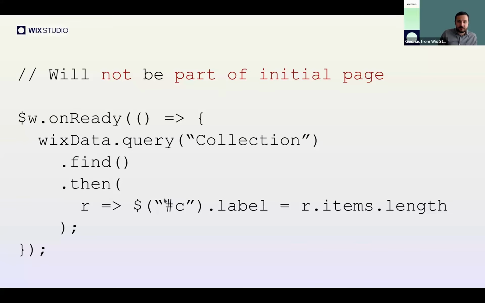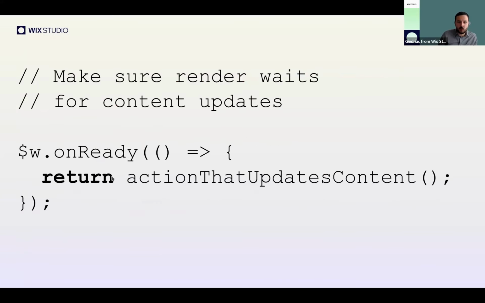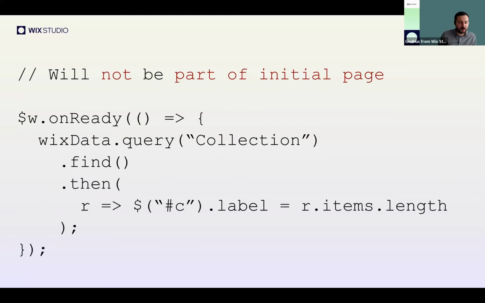And knowing this is actually a very good trick. So in ready, you can wait for actions that matter and not wait for actions that don't matter. For example, if you're loading a page and doing 3 data queries, but you know that only 2 produce results that are initially visible, let's say you need to scroll way down to load data coming from the third query, don't wait on it.